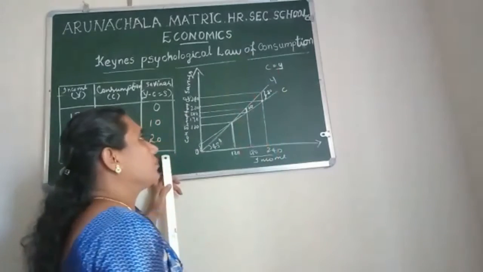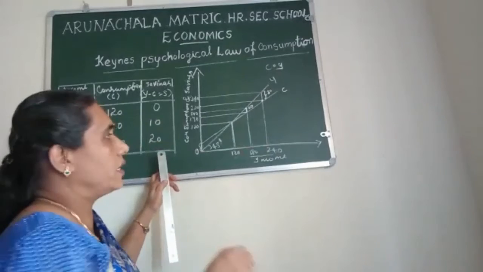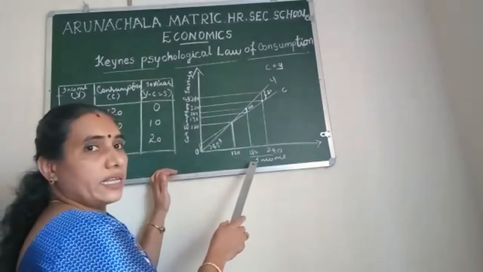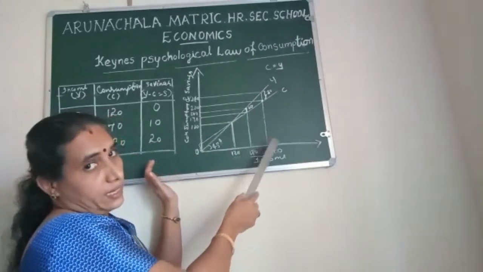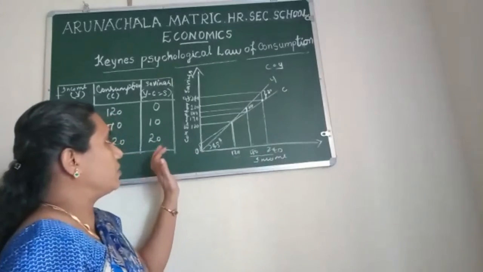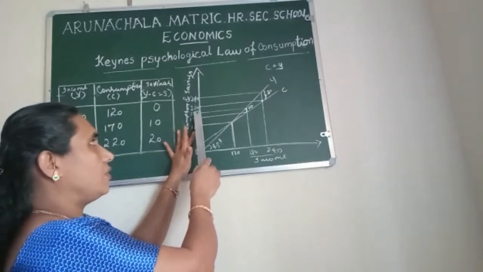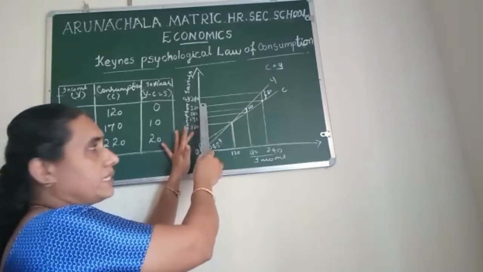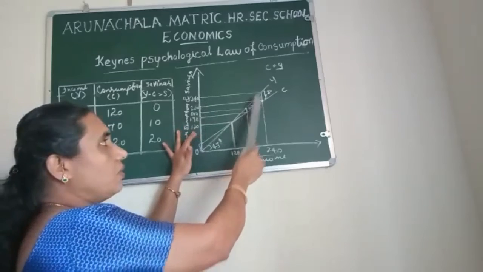Then the third proportion: the increase in income leads to an increase in consumption as well as an increase in savings. So here you see from 120 to 170, then 170 to 220, consumption is also increasing. And the savings go from 10 to 20.